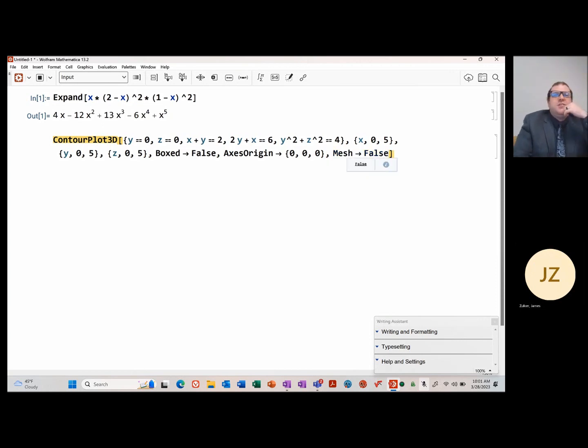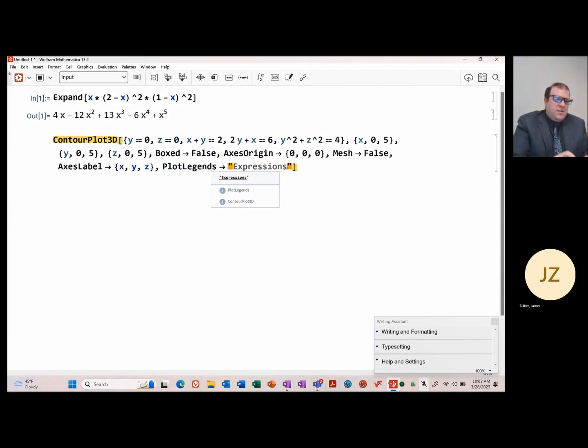Turn off the mesh, just because I don't like the mesh, it makes it look too distracting. Gonna want labels, and I am gonna want legends as well. And then there's one more thing I want to do, set the contour style opacity 0.5.